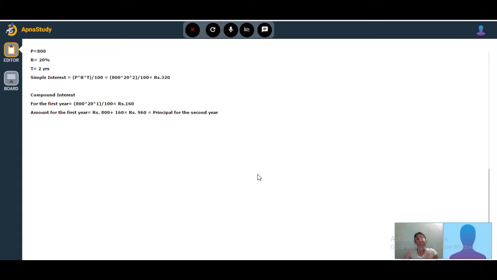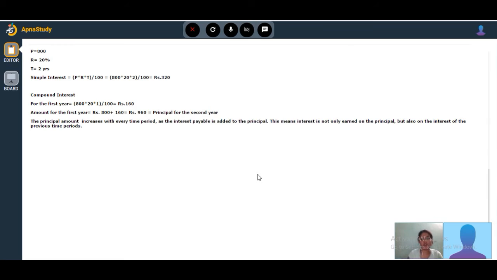Basically, the principal amount increases with every time period as the interest payable is added to the principal. This means that the interest is not only earned on the principal, but also on the interest of the previous periods.